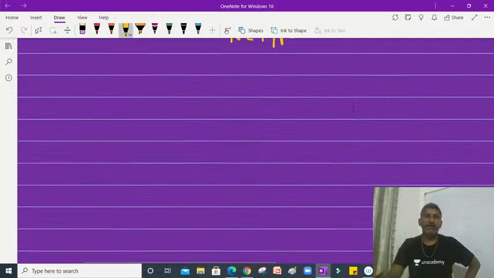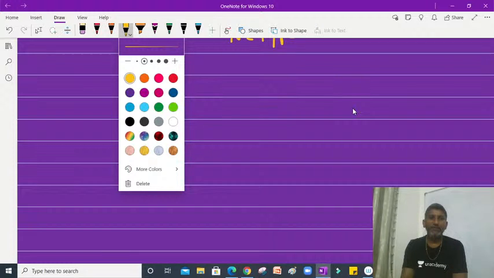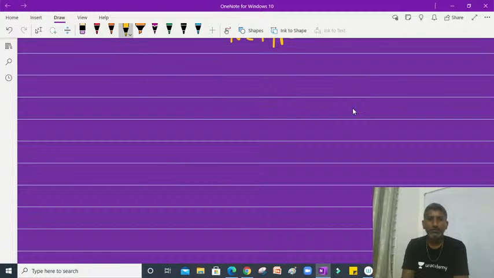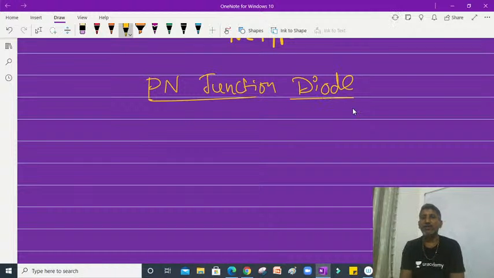Now, it's time to discuss the junction diode. In this session, we are planning for the junction diode. Here it is said to be a PN junction diode. One of the semiconductor devices is the PN junction diode.